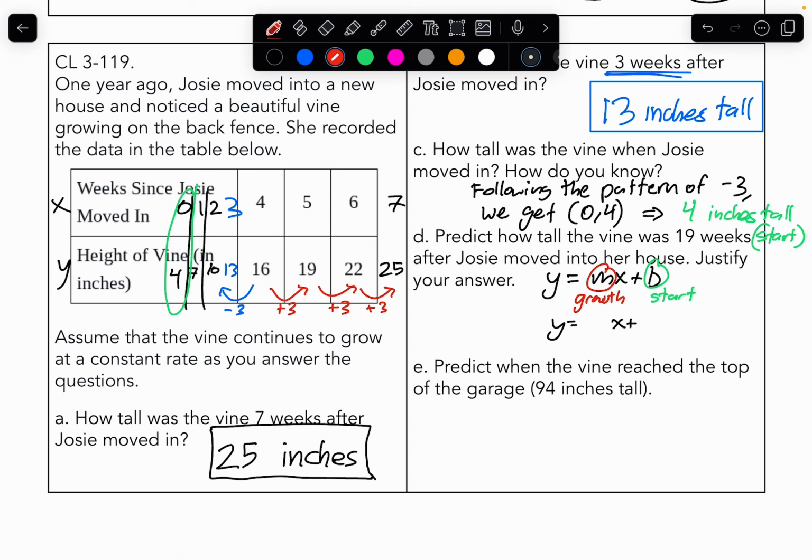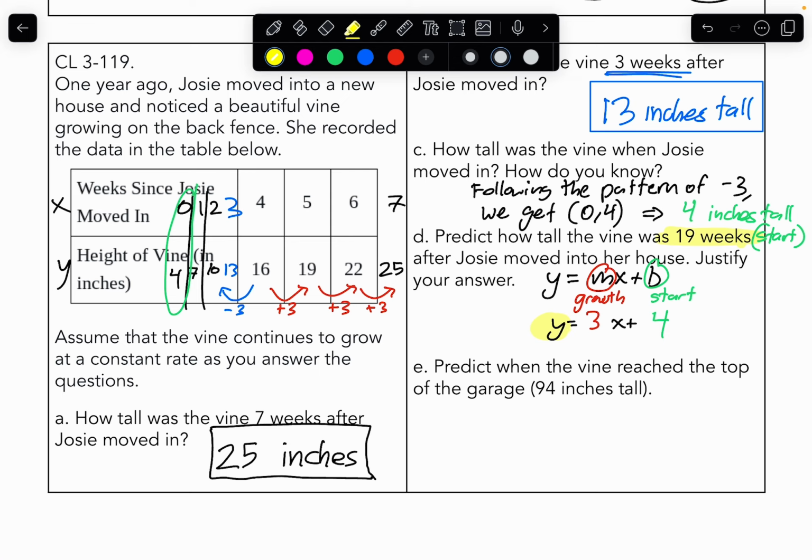The growth was 3. And the start was 4. Did I do that correctly? Let's see. It grows by 3. Good. Starts at 4. Okay, 0, comma 4. That makes sense.